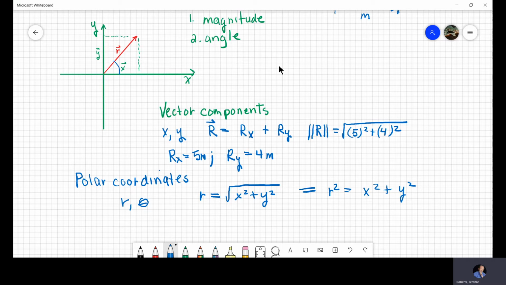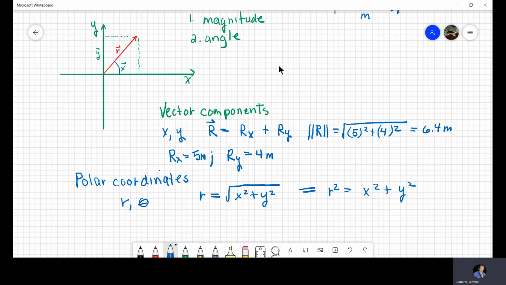Okay, and take the square root, and that's going to give us 6.4 meters. So that is the magnitude of this vector, 6.4. The only thing we knew before was its components, its y component and its x component. But now we know the magnitude.